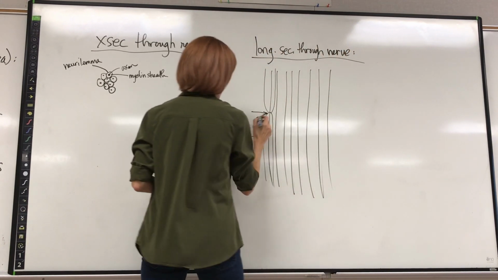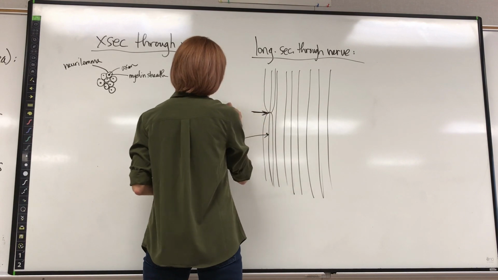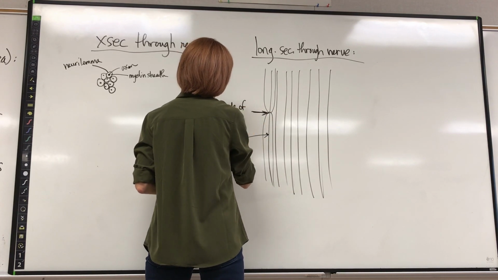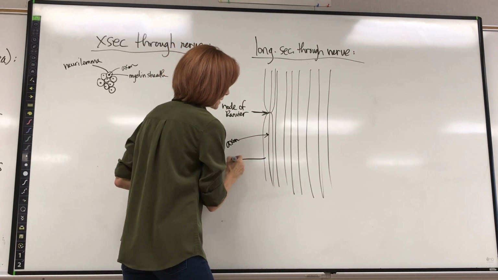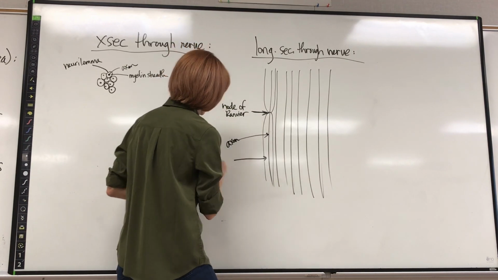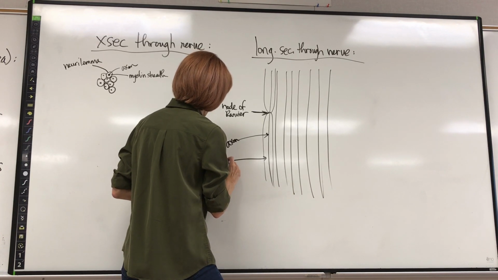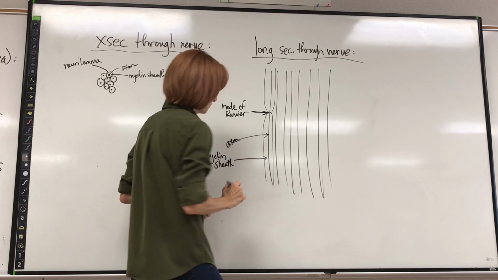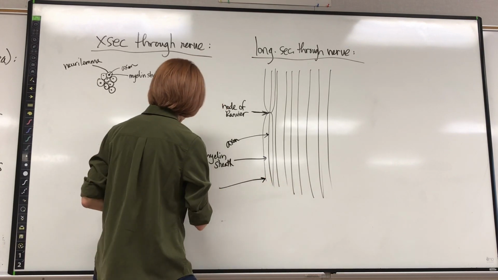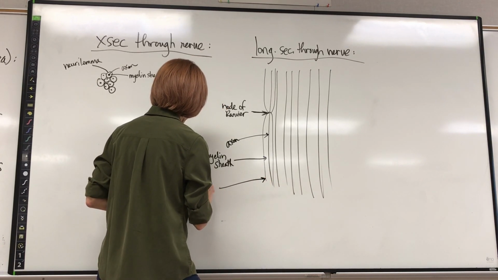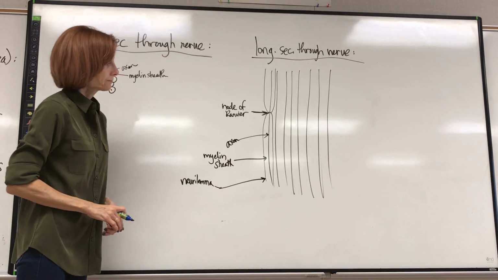Okay, so this is our node of Ranvier. Okay, the white stuff around the axon would be the myelin sheath, right? And the outer membrane of the Schwann cell is the neurolemma. Okay?